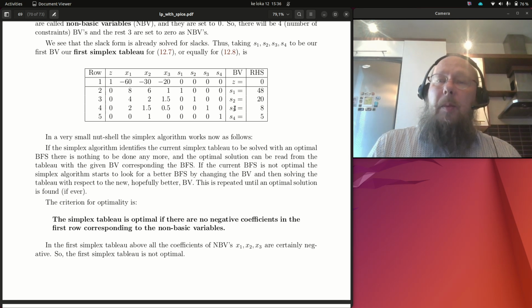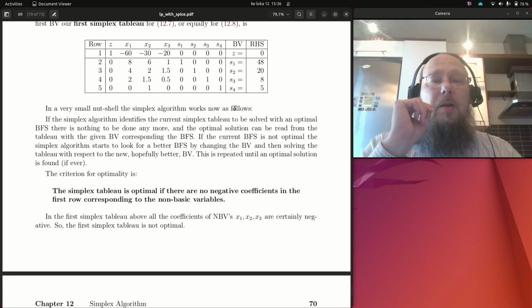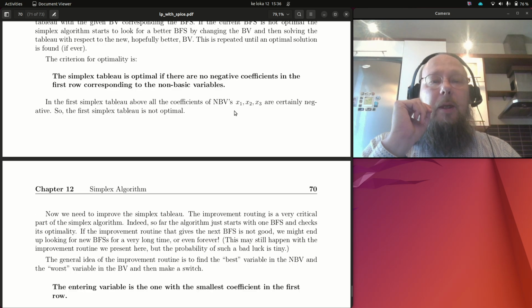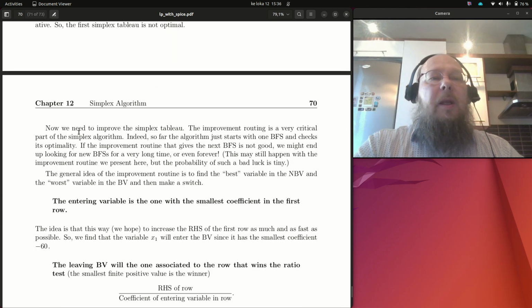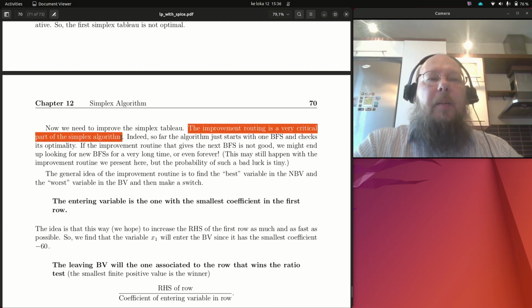And now we want to make this change as efficient as possible, so that we can soon find the optimal BVs, optimal BFS. Same thing. And how do we do this? This is the most important part here, the so-called improvement routine. We need to improve the simplex tableau, and as I've written here, that's the critical part of the algorithm.